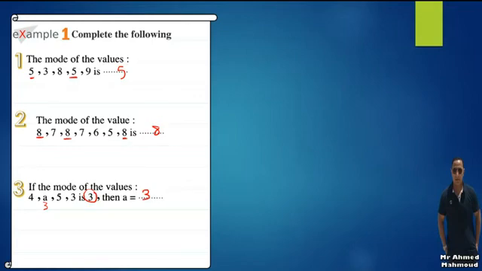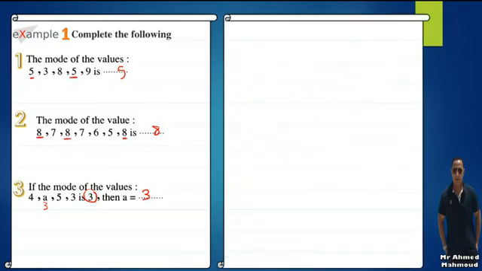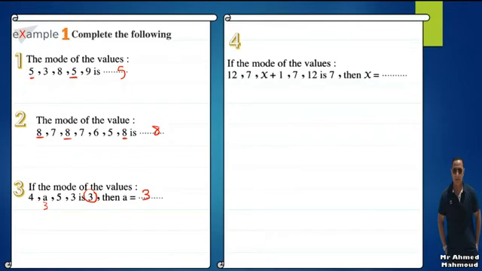Another example, if the mode of the values 12, 7, x plus 1, 7, 12 is 7, then 7 must be repeated more than once. Then here x plus 1 must equal 7.